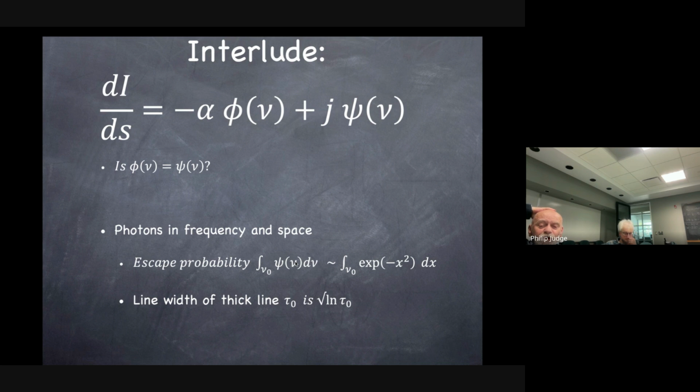So if we now move to frequencies away from line center, where the optical depth is dropping, according to e to the minus x squared, say, then we eventually will get to the place where that number tau, e to the minus tau, is on the order of 1 or less than 1. And if it's less than 1, the probability of escape becomes e to the minus 1 for that frequency. Now we go further away from line center, and it goes to a much larger probability of escape.